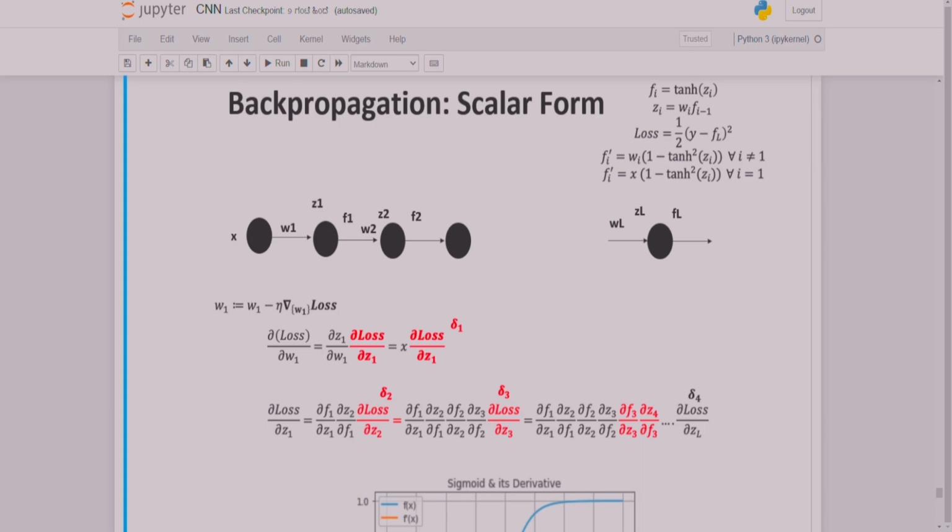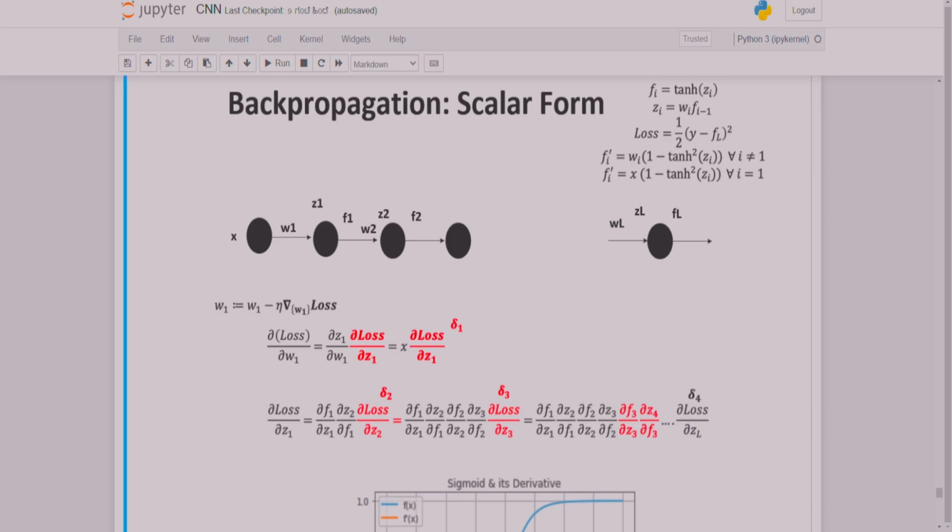Now, the point which we mentioned earlier should be very clear to you. I can see that this delta 4 has many derivatives coming into the picture. Many of the terms are because of the derivative of the activation function. That activation function's derivative has a maximum value of 0.25.